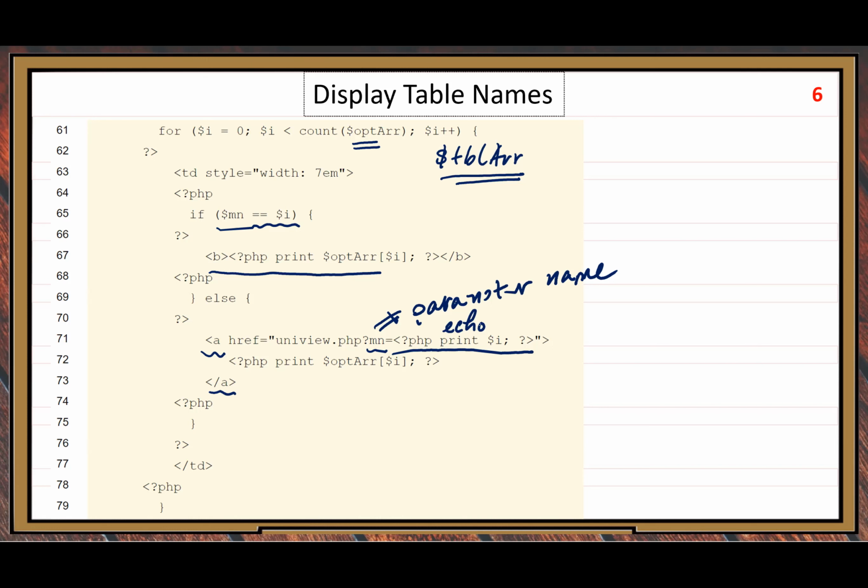The parameter mn equals that selected value. When you click it, we send this URL, this hyperlink, to the server. So that's the display of table names.